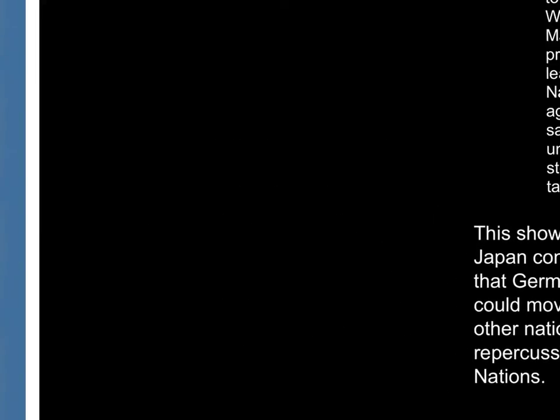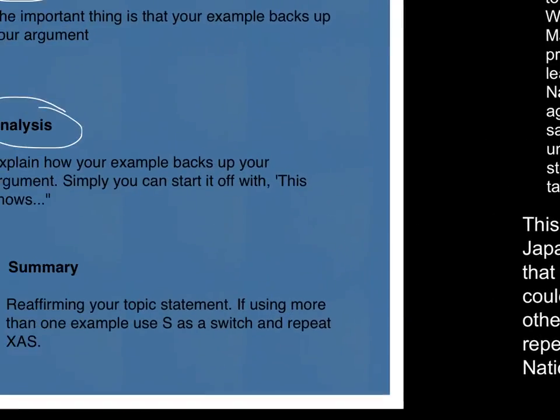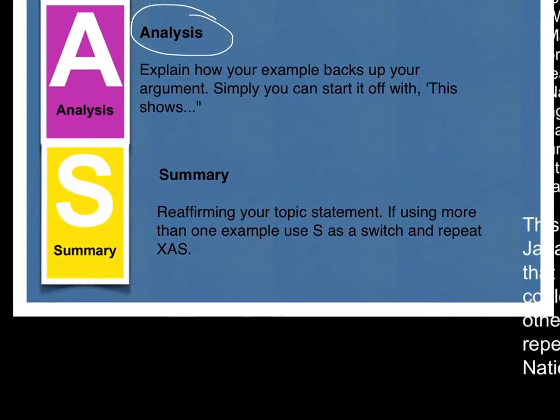Now, the next thing that I want to do is the last thing that we want to do, and this is the summary. It's just going to be one simple sentence, or more if you like, reaffirming your topic statement. And if you are using more than one example, this would be your switch, and you would repeat your example, analysis, and summary at the end.